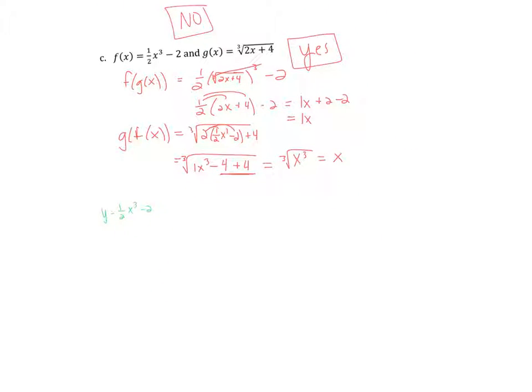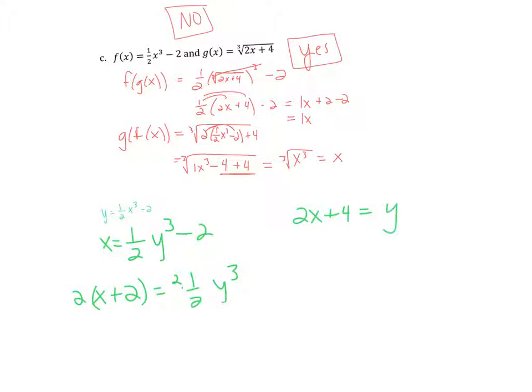So x equals 1/2 y cubed minus 2. I'm going to add 2 to both sides. And to undo that 1/2, I'm going to multiply both sides by 2. So I distribute that. We have 2x plus 4 equals y cubed, because those 1/2s and that 2 canceled. And then I'm going to cube root both sides. And so my inverse is the cube root of 2x plus 4.